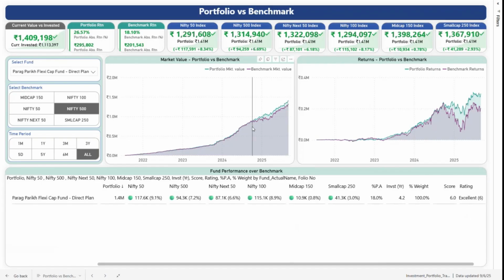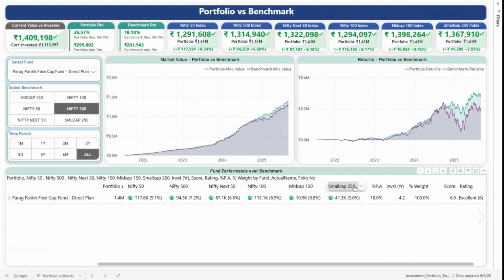The point I am trying to explain here is you can compare or mimic the entire portfolio of funds together, or an individual fund, against any index. The beauty here is it's not limited to these indexes.